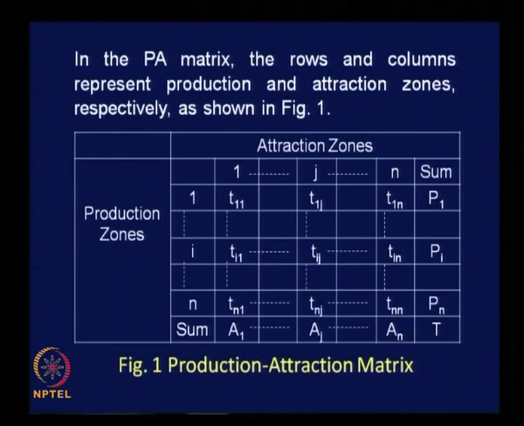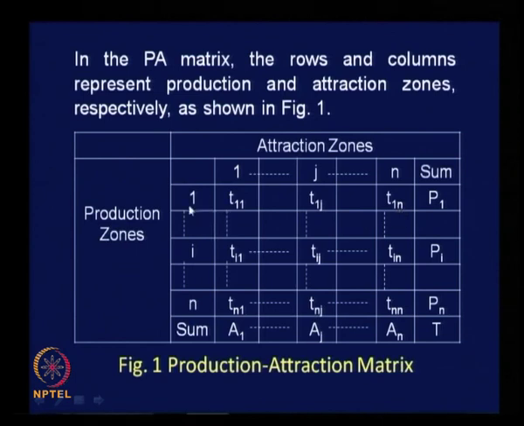And if you sum up all the cell values along a row, what will be the result? For example, if we take zone 1, the first cell value gives T11, trips produced at 1 and attracted to 1 itself. Then we will have T12, T13 and so on up to T1n, right.